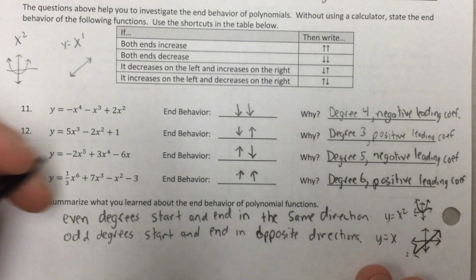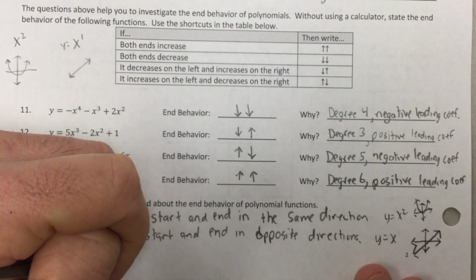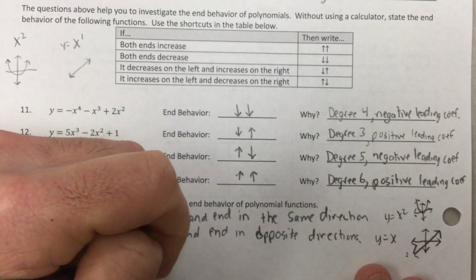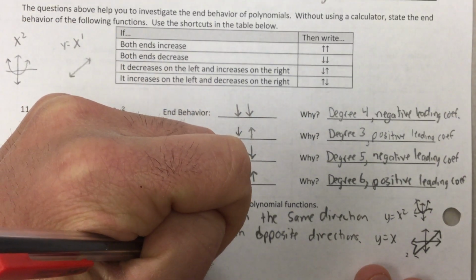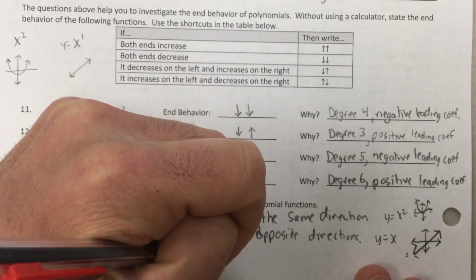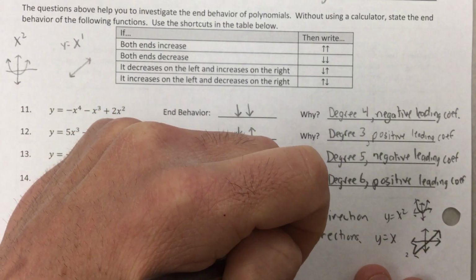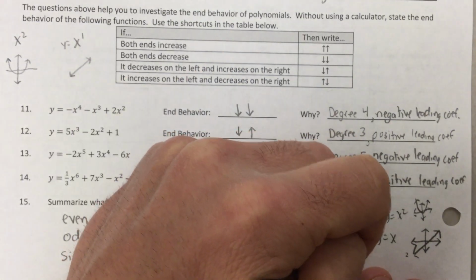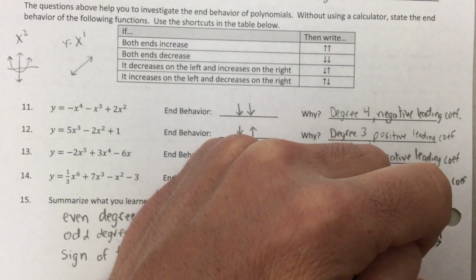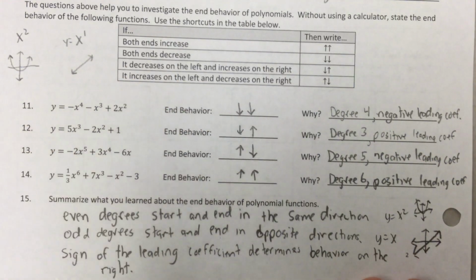And then the sign of the leading coefficient determines behavior on the right. All right, that's our first lesson.